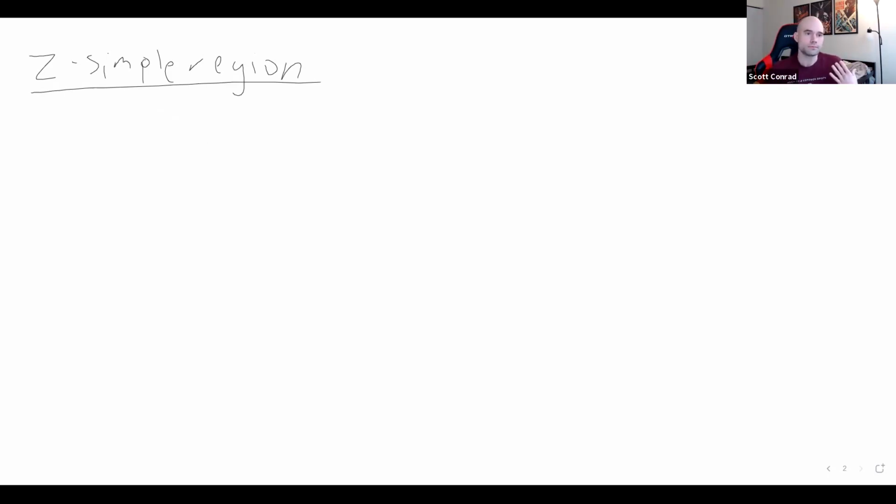So we can have a top and a bottom surface. So if we look in the z direction, we're bounded above and below in z by functions of x and y. So z is equal to some function of x and y. That's a surface, a top surface, and a bottom surface.